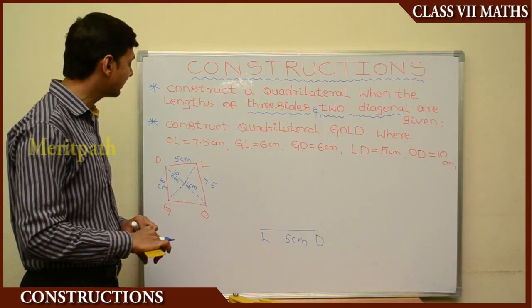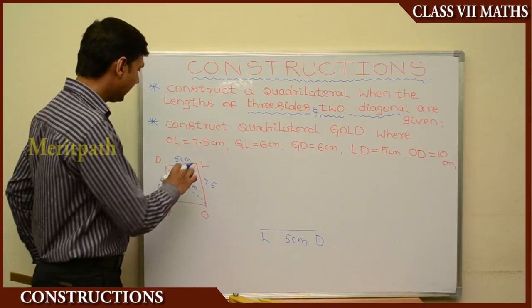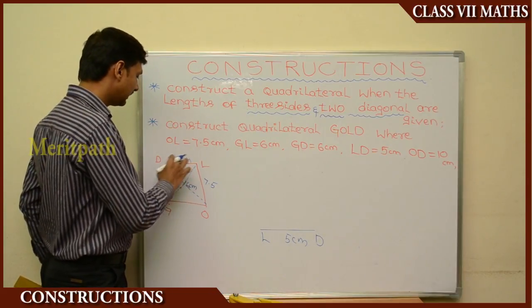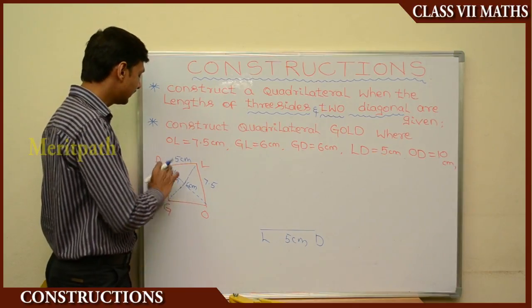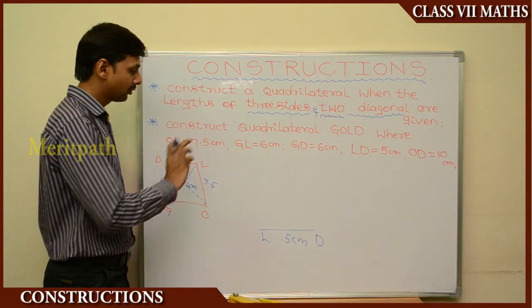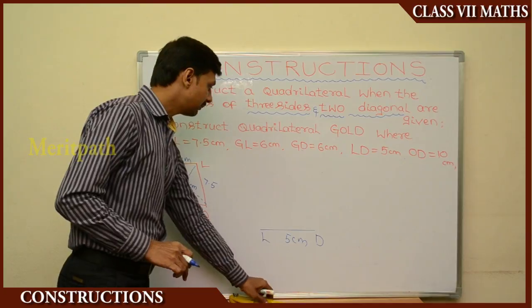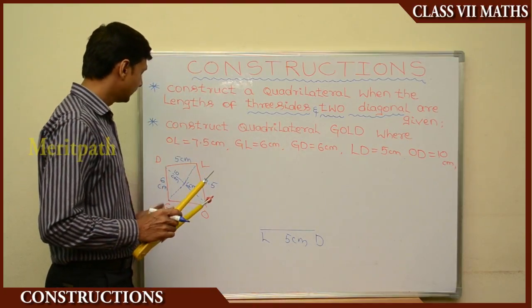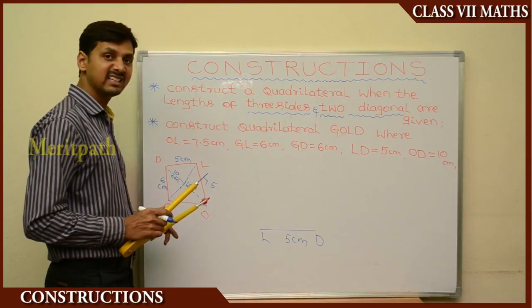After taking 5 centimeters radius, let's construct a triangle using LD. GLD we can construct. The reason is you know GD and GL. So let's construct GD and GL. So on compass we will take DG, DG is 6 centimeters.